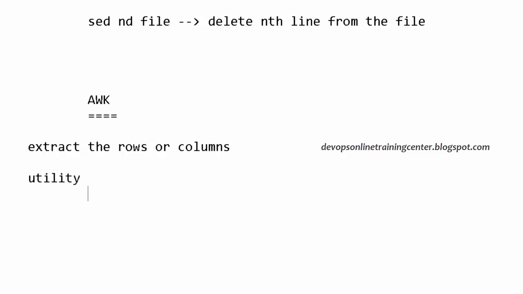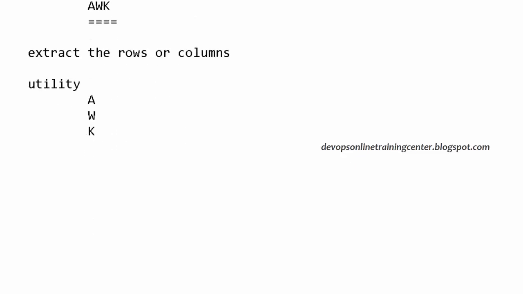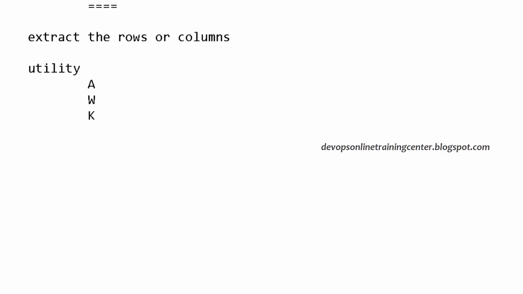Their names start with A, W, and K, and that's why it's named the AWK utility. It is itself like a programming language. There are a lot of use cases. We can also add the numbers, add the columns, add the rows, and perform arithmetic operations, and all of that we can do using AWK.